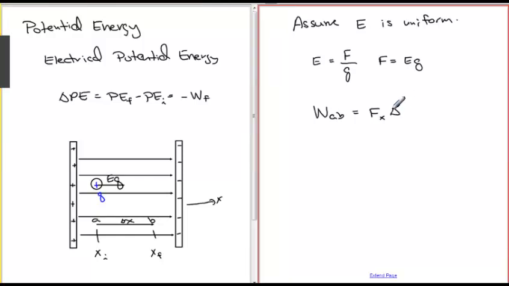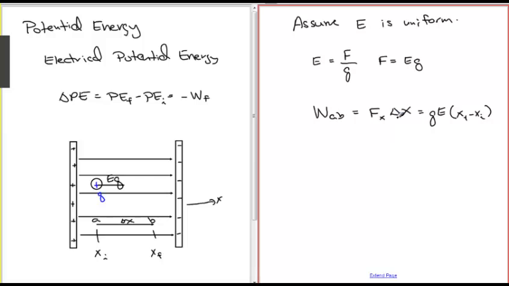So work is force acting through a distance, in newton meters. The force is Q, the charge, times the electric field, and delta x is x final minus x initial. So this is the work done.